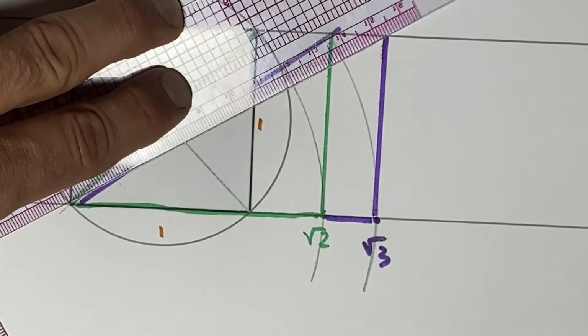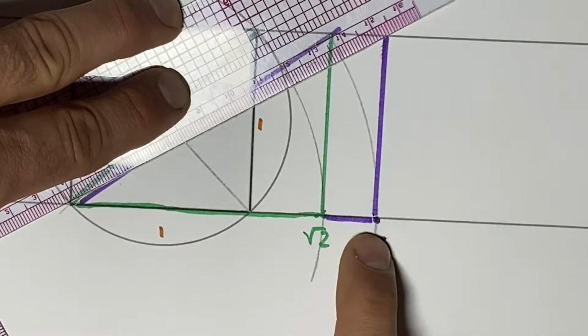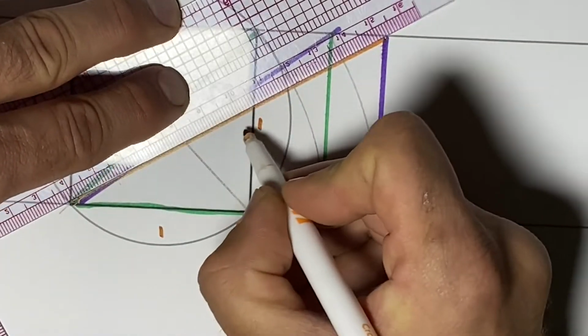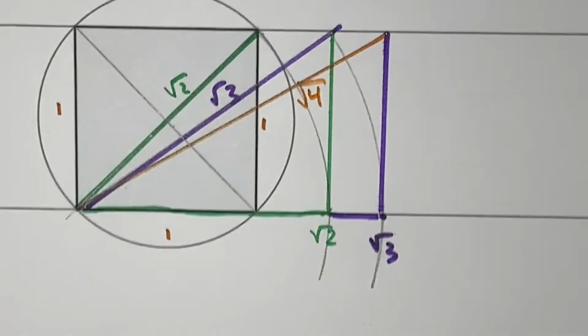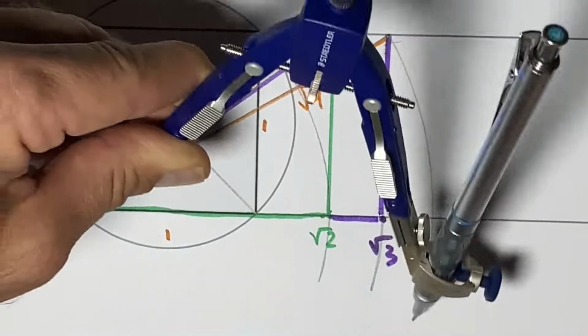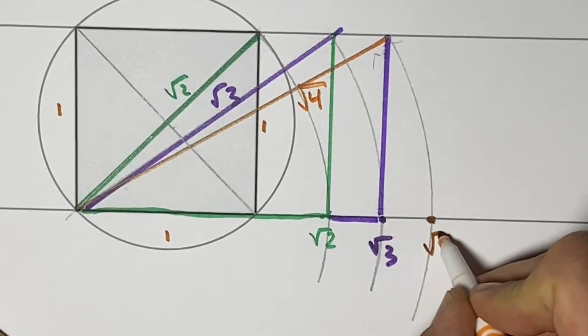This diagonal, we have radical 3 squared plus 1 squared gives us radical 4. And so again, we'll just adjust our compass to that distance, swipe it down, and now we know that this spot here is radical 4.